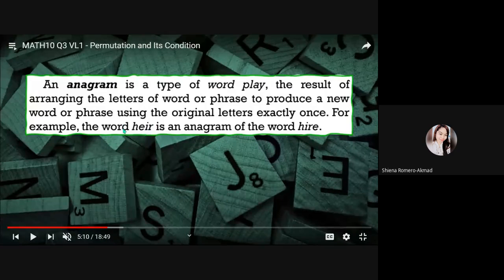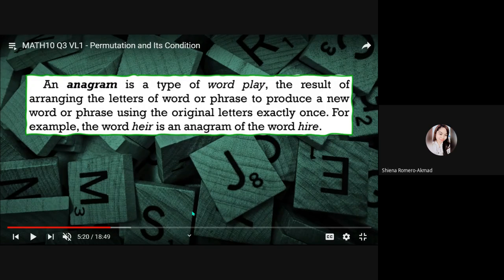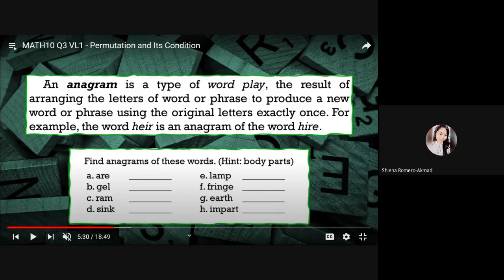Now, as you can see here, we have here the word hire. It has 4 letters, H-I-R-E. And if you rearrange the letters, you can form another word, and that is ear, with a spelling of E-A-R. So what you're going to do is, you will be arranging the letters of the following words, and then you'll give me the word that you formed.